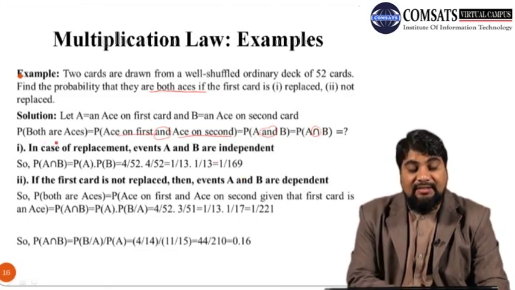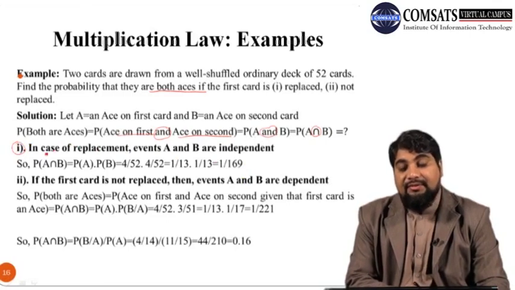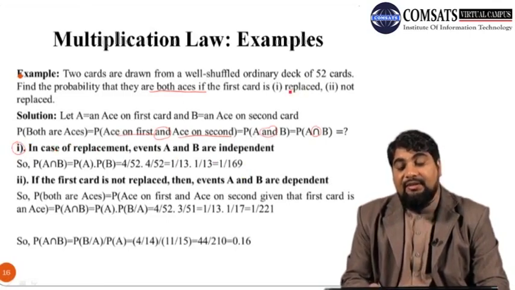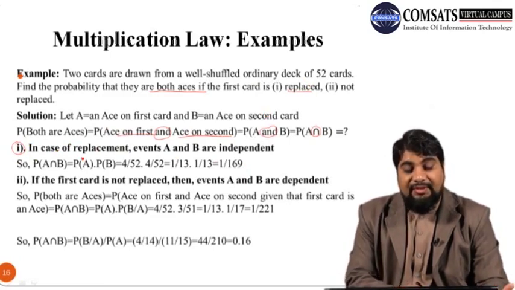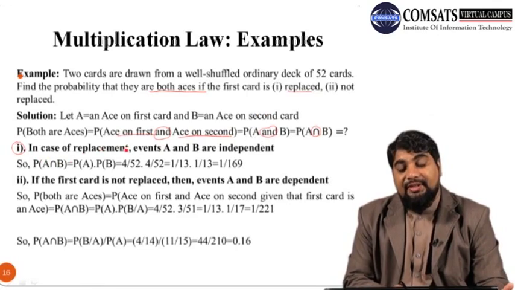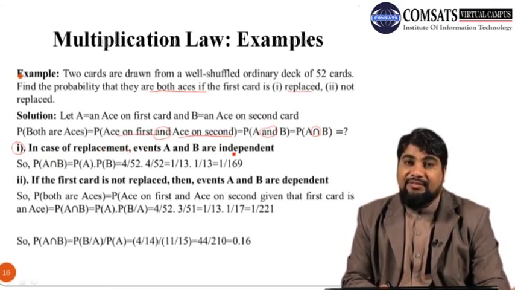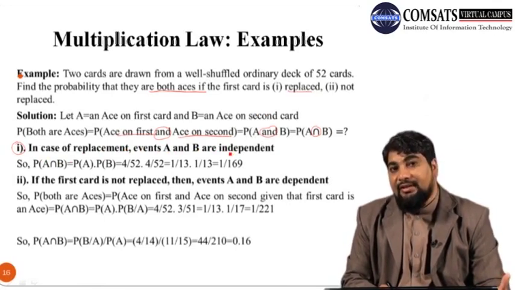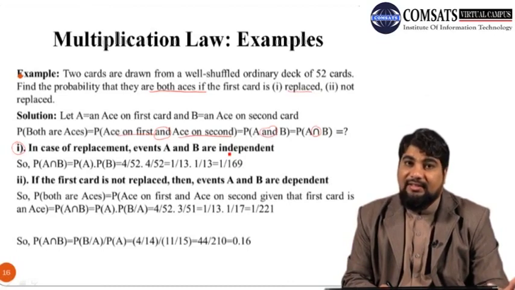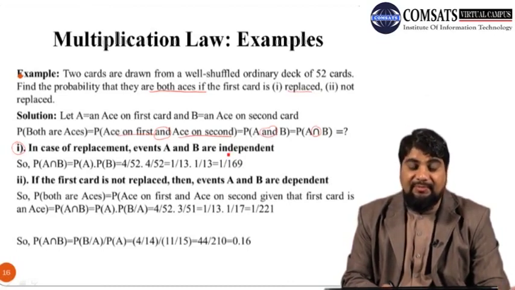So let us consider the first situation. The first situation is that before drawing the second card, the first card is replaced. In case of replacement, both events A and B are independent. So the occurrence of one event will have no effect on the occurrence or non-occurrence of the other event.